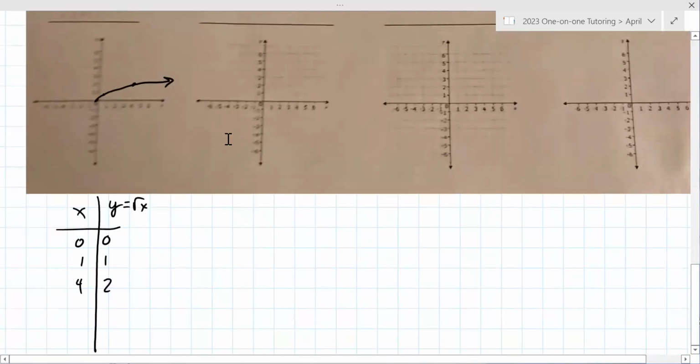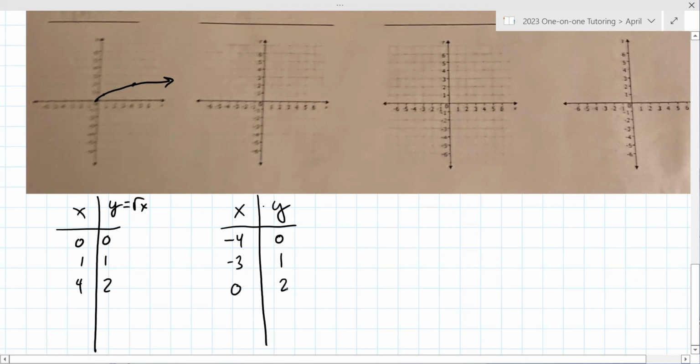You said not to use a table, but really that is the way to do these. Left 4 affects the x: -4, -3, 0, same y. I still do the tables sometimes as verification, just because I don't want to risk it. So it should look the same. It's just left 4.